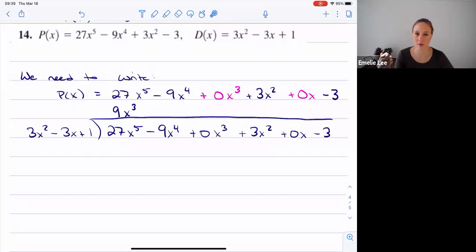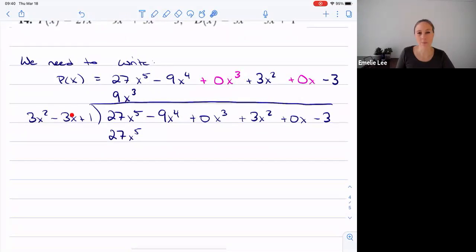You can always just double check that what you did made sense, because when you multiply it back down here, it should subtract out, right? So it should subtract the first term. So 9x to the 3 times 3x squared, it puts me back at 27x to the 5.